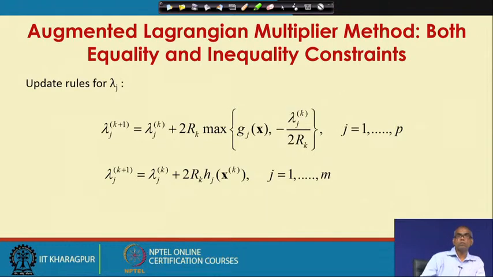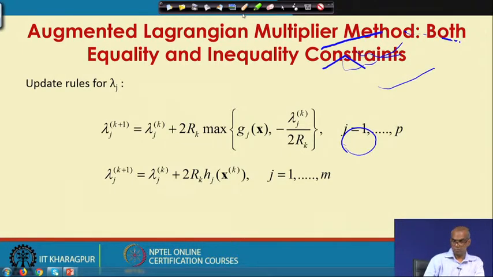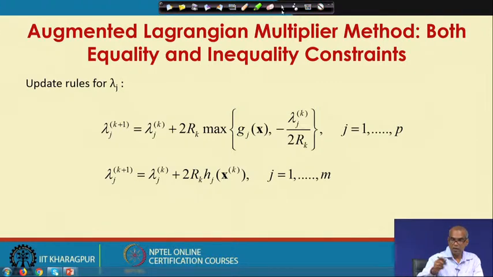Here the update rules for the Lagrange multipliers are as shown. Note that there is a set of Lagrange multipliers associated with the original equality constraints and another set of Lagrange multipliers associated with the inequality constraints.